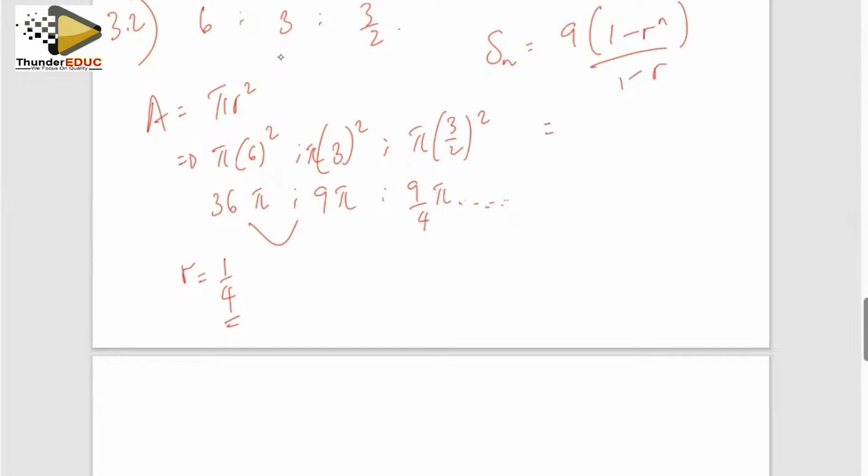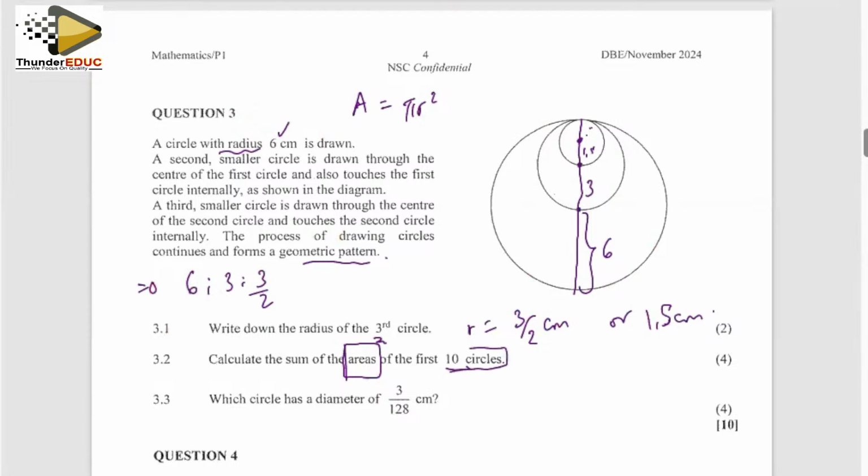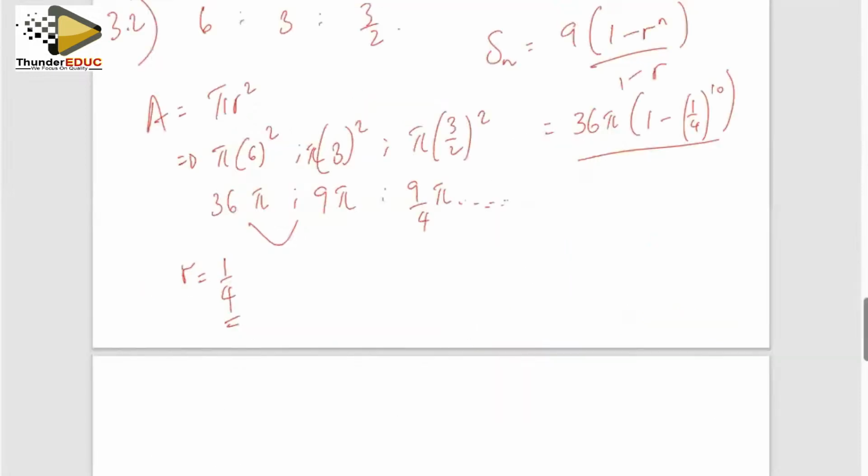So our first area was 36 pi into 1 minus. The common ratio is a quarter. We're looking for 10 circles, because they said the first 10 circles, over 1 minus a quarter. So if we can do this, then the rest must be history. We just need to punch this into the calculator straight away.